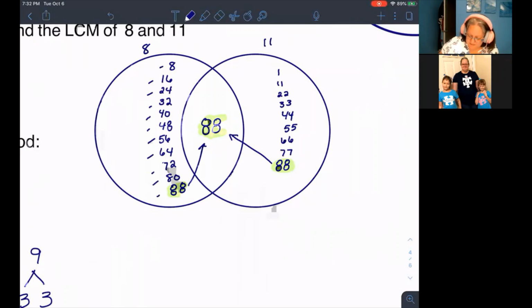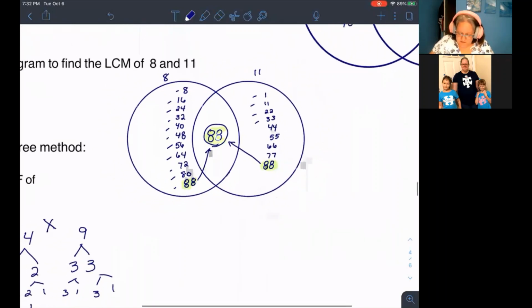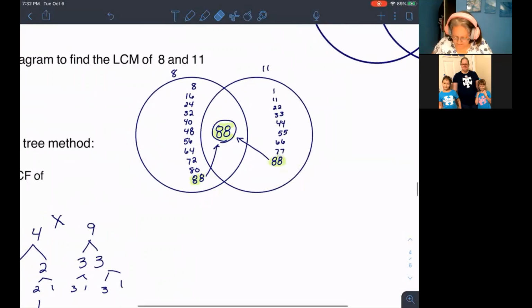And for 11, you count up by 11: 11, 22, 33, 44, 55, 66, 77, and 88. When you finally get to one where they match on both sides, that gives you the least common multiple. It's the lesser amount that they have in common, not the greater, like the other ones we were working on.